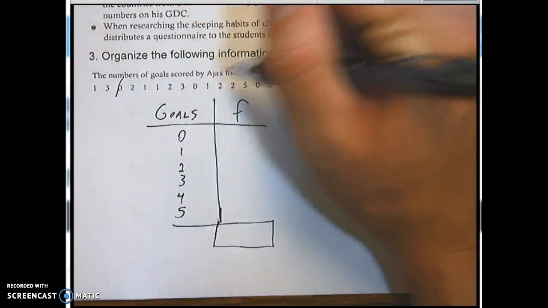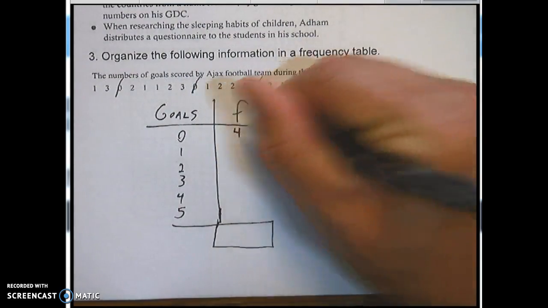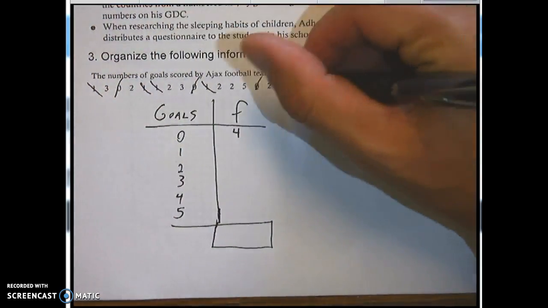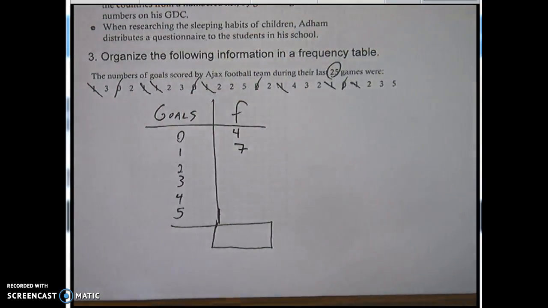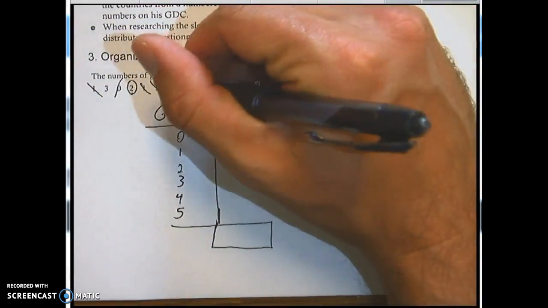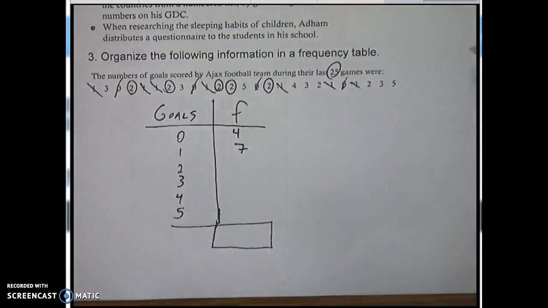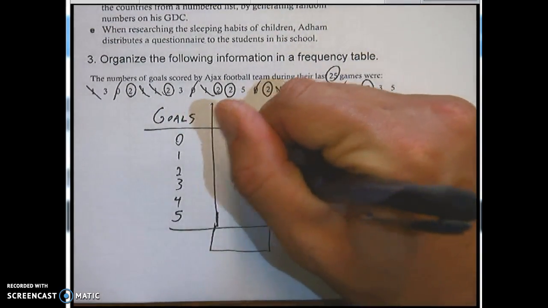The number of zeros, I've got 1, 2, 3, 4 zeros. The number of ones, 1, 2, 3, 4, 5, 6, 7 ones. Number of twos, 1, 2, 3, 4, 5, 6, 7 twos.